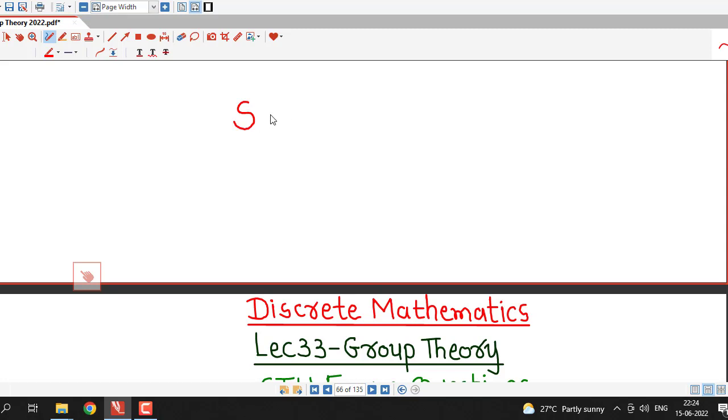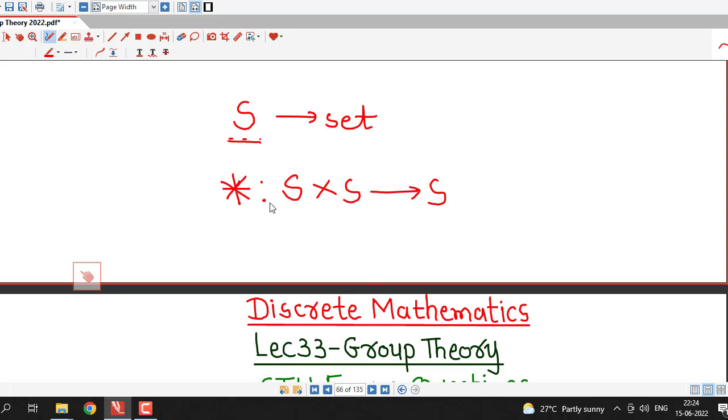Suppose S is any set, then a binary operation on S is a function from S cross S to itself, and that function we denote by star. Star is the notation for binary operation. So any function from S cross S to S is called a binary operation.